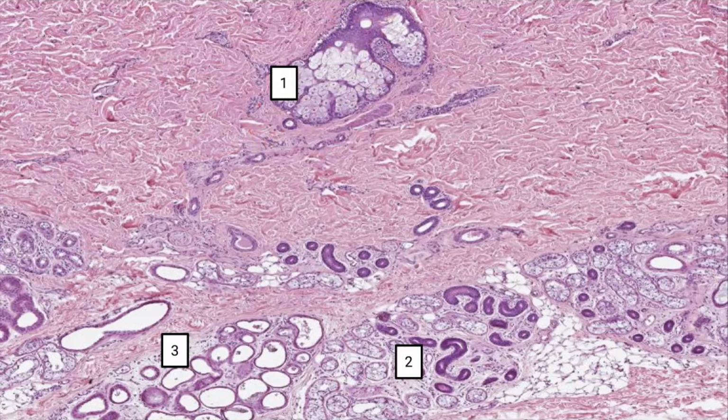So sebaceous glands are located closer to the epidermis, whereas our apocrine glands and our eccrine glands, apocrine over here on the left, eccrine over here on the right, these are going to be our deep dermal sweat glands.